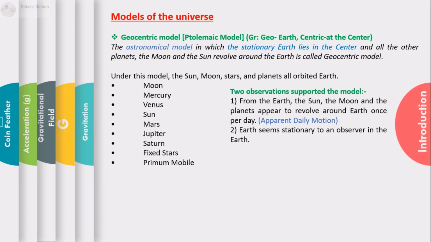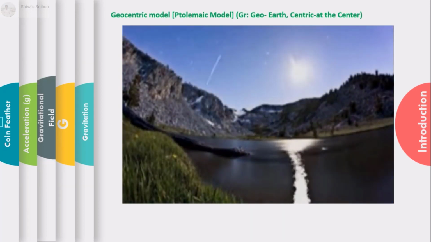The second observation is that the earth seems stationary to an observer on the earth. This doctrine was so valued that it suggested that God made us something special, and hence it was incorporated into the Roman Catholic Church.